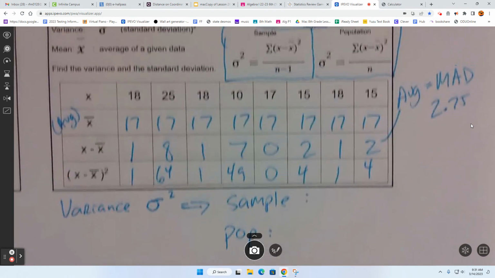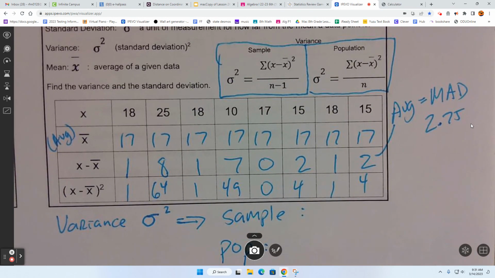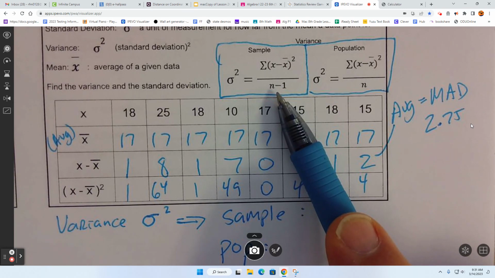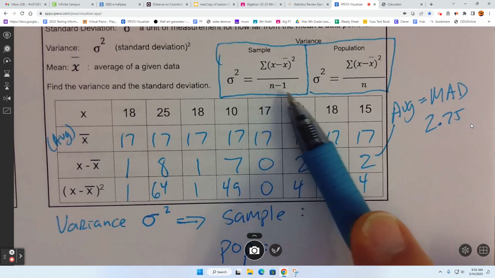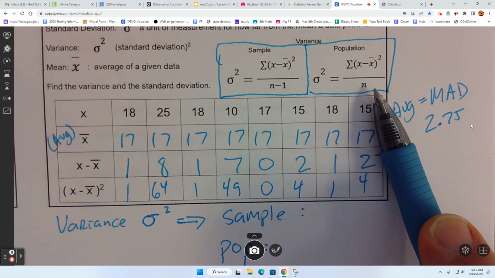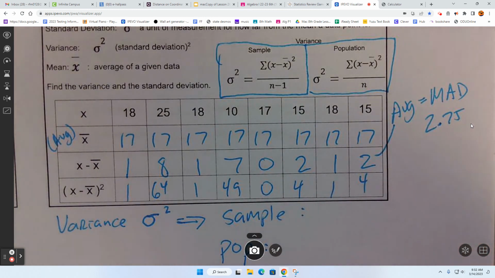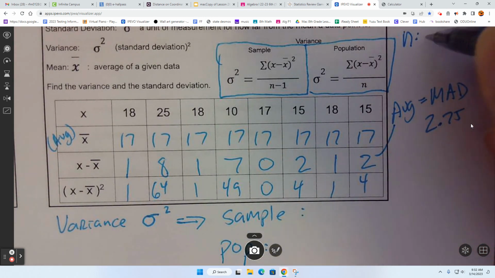The sample type, we're going to divide by how many there are minus 1. The population, we're going to just divide by how many there are. N always represents how many. How many points.